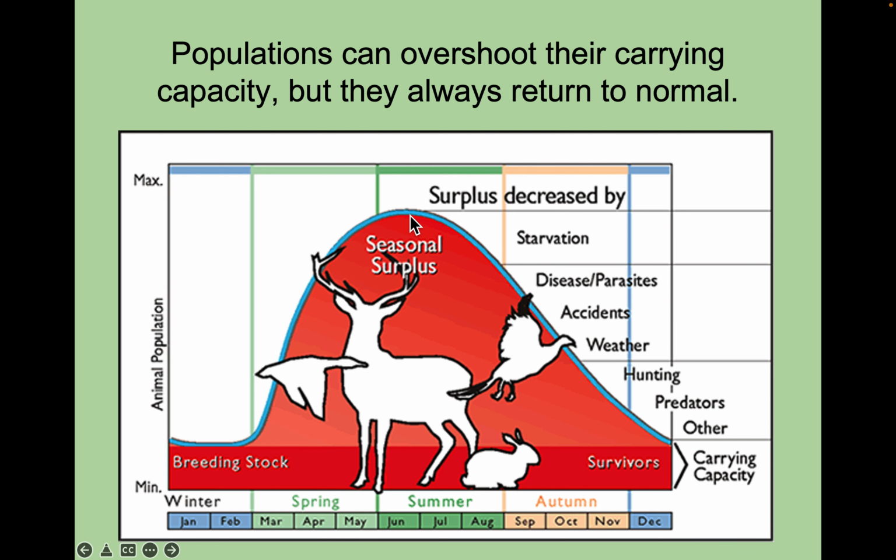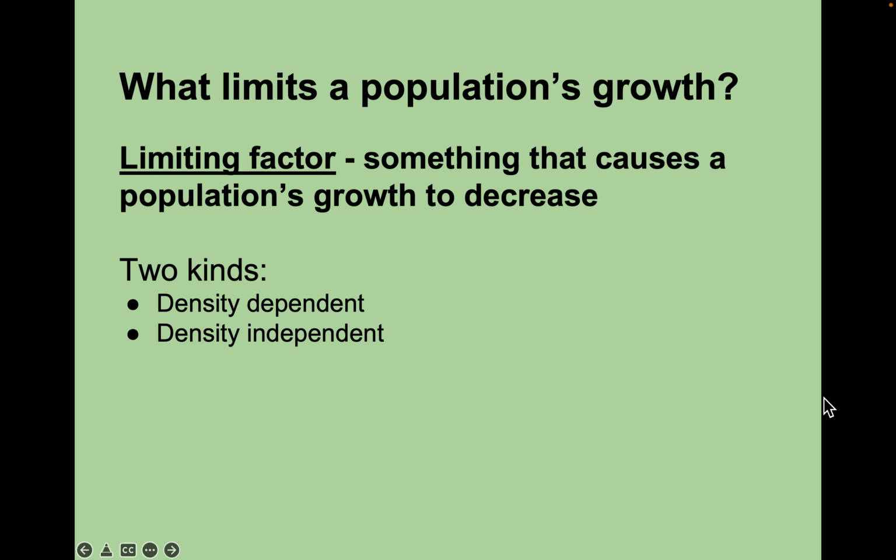There's a really high population increase. But then as fall and winter happen, they run out of food, there's diseases, they get hit by cars, they maybe get hunted, maybe it's too cold for them to survive, other predators are eating them, so eventually they come back down. Even if they went way high, they come back down eventually.